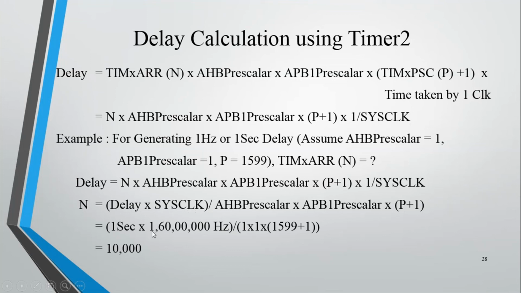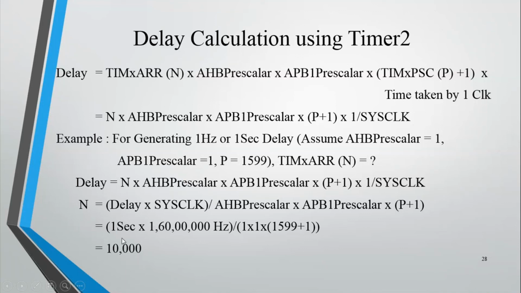What is the system clock? 16 megahertz, that is 16 and 6 zeros, divided by AHB prescaler, that is 1, APB1 prescaler, that is also 1, then the PSC plus 1. What is the PSC now? I have assumed that PSC is 1599. So P plus 1, that is 1599 plus 1. When you are substituting all these values, we will be getting N, the value that is to be loaded into ARR, as 10,000.